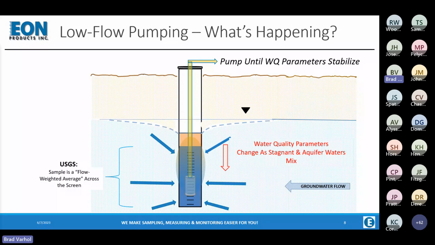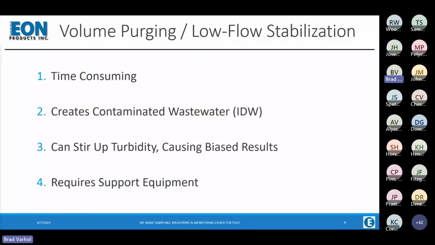So with that in mind, what are some problems that come about from this volume purging or low flow stabilization? Well, in any case, they're time consuming, and they create contaminated wastewater, this purge water.